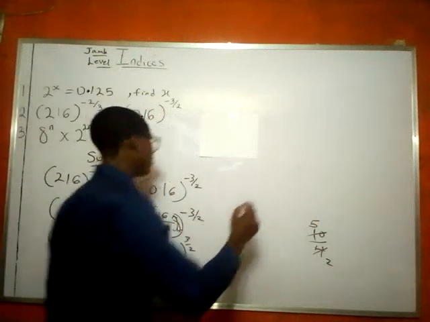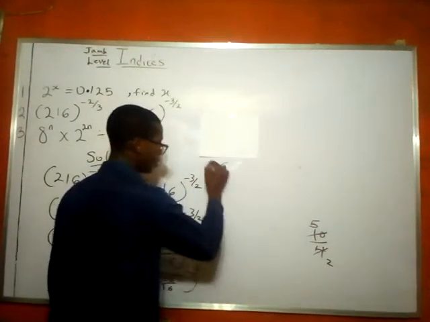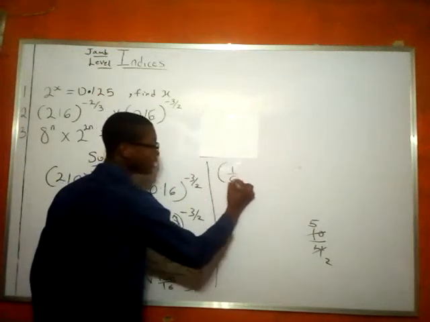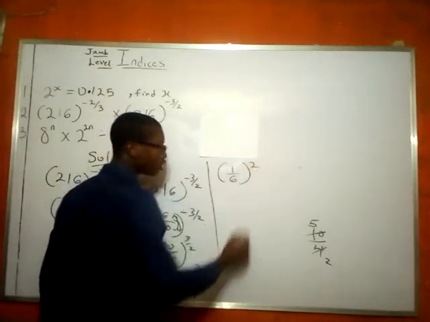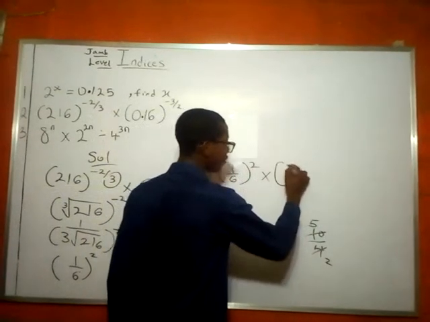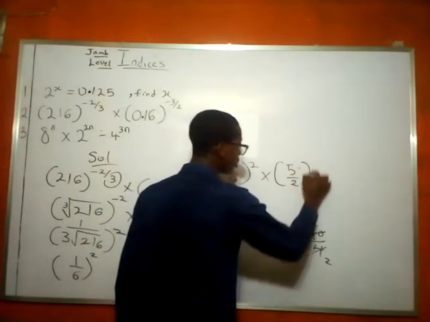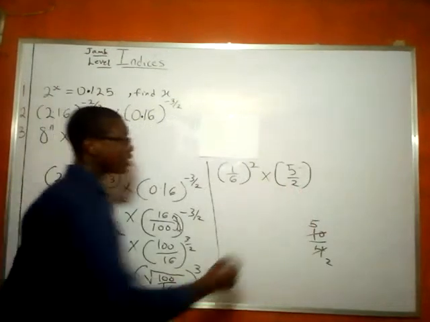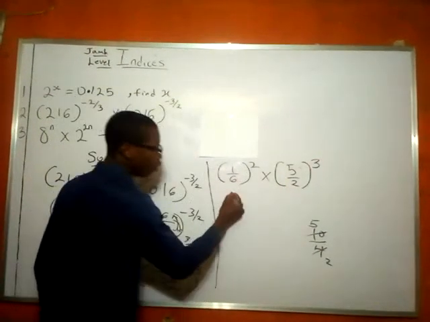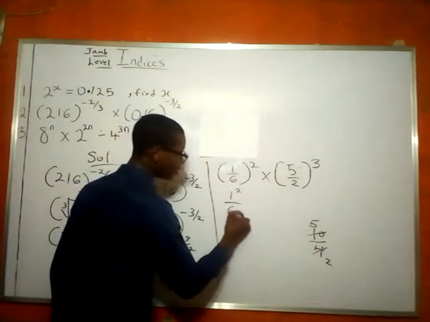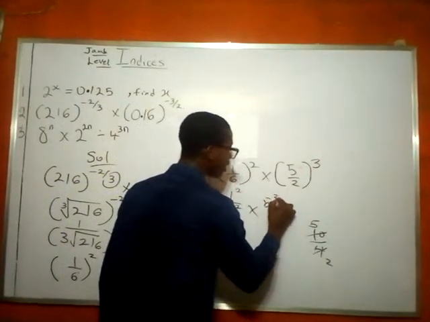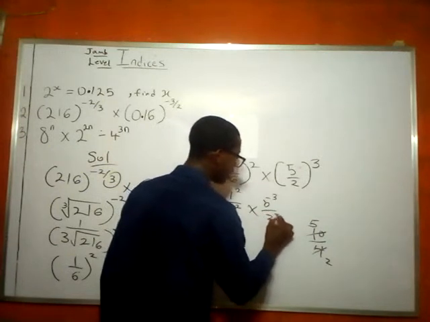So we have open bracket 1 over 6 close bracket all squared multiplied by open bracket 5 over 2 close bracket raised to power 3. And this will be 1 raised to power 2 over 6 raised to power 2, multiplied by 5 raised to power 3 over 2 raised to power 3.